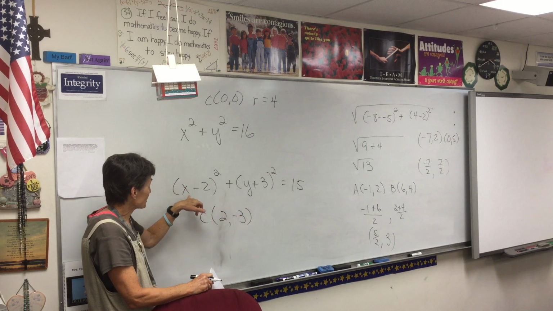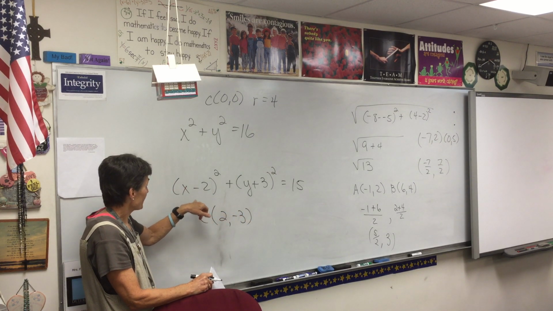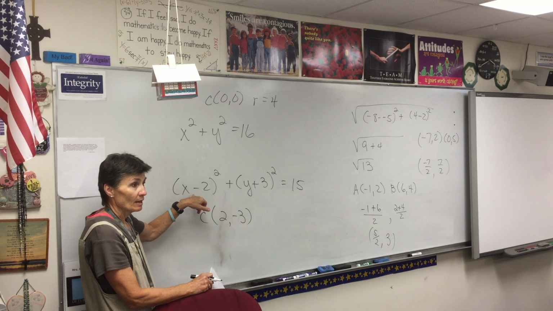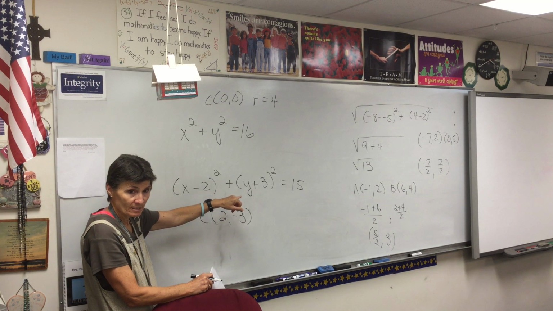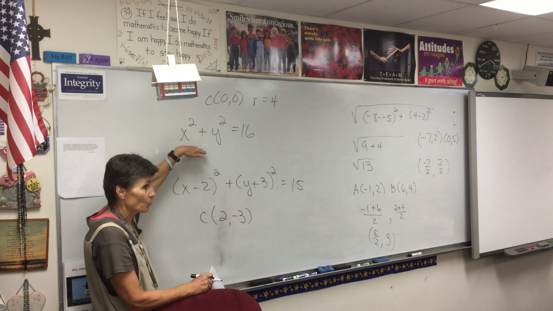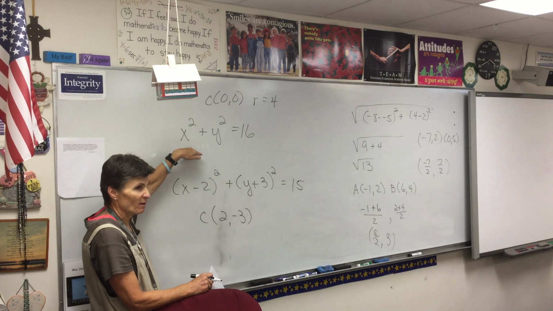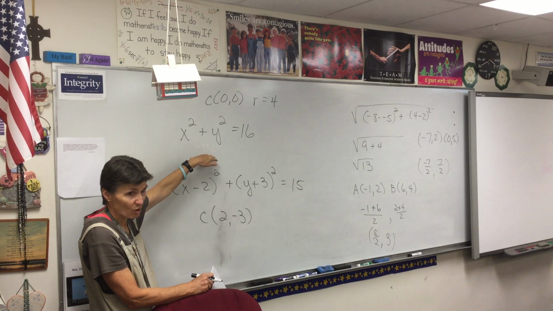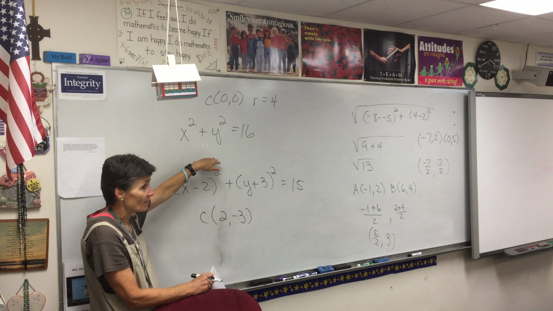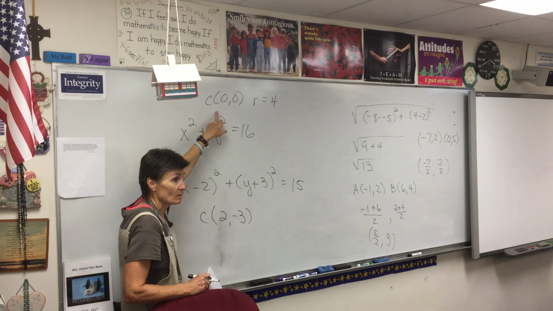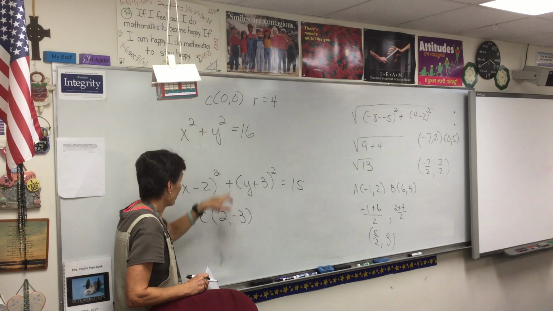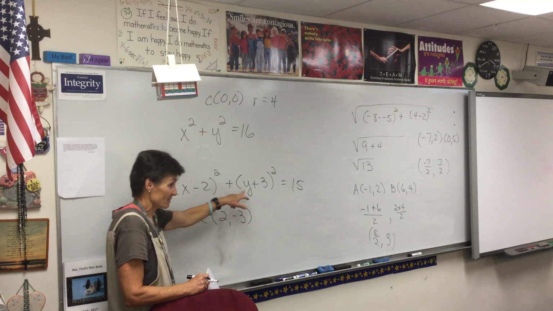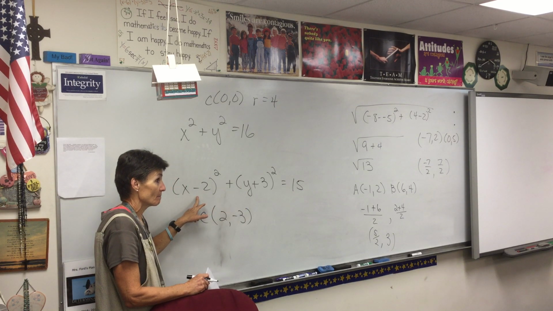So in other words, the center is the opposite of what's inside the parentheses. Now back up to this one. There aren't any parentheses, right? So does it make sense to you that since there are no numbers up there, the center would be at 0, 0? Yeah. If there are numbers, the center is the opposite of the parentheses.